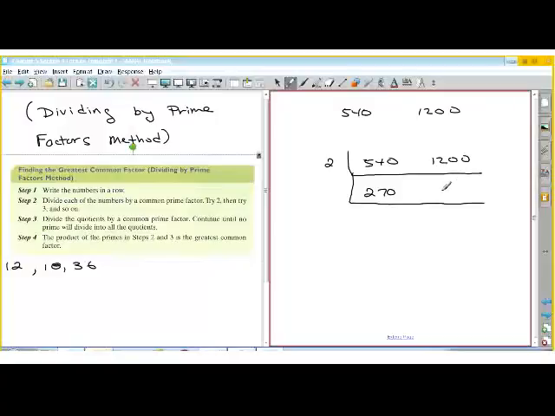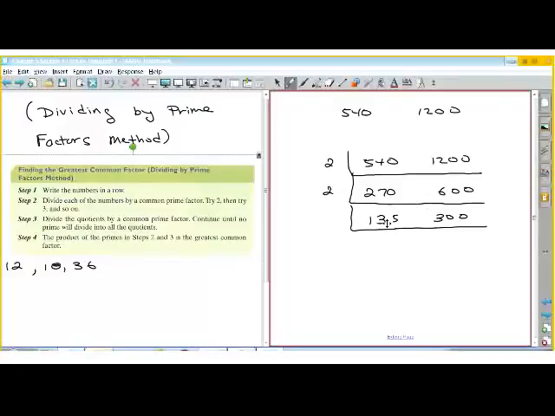So 540 divided by 2 is 270. 1200 divided by 2 is 600. Okay, then you look at it again and ask, is there a prime number that I can divide both of them by? And they're both even still, so I can divide both by 2. So 270 divided by 2 is 135, and 600 divided by 2 is 300.